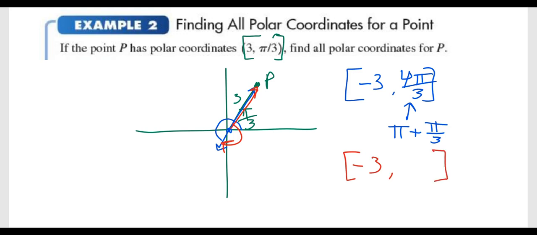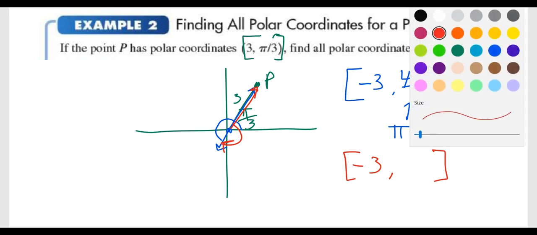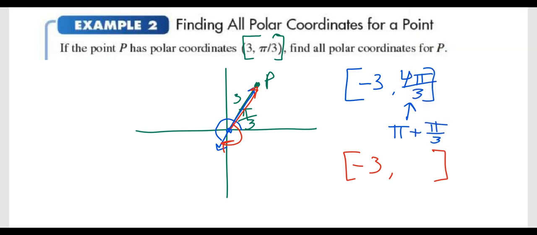But what is that negative rotation? Wait a second, I think I drew my circle there just a little bit too far. There we go. Well, if 4 pi over 3 was going around, then it would be negative 2 pi over 3.